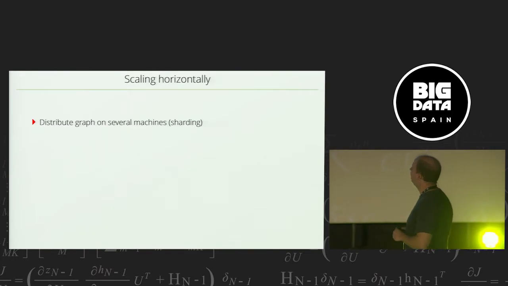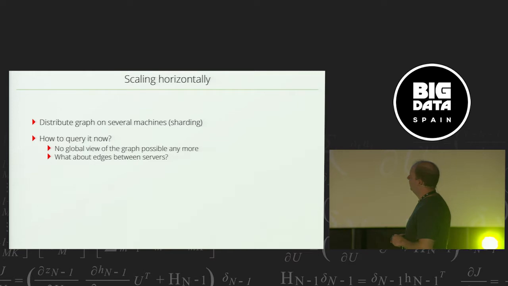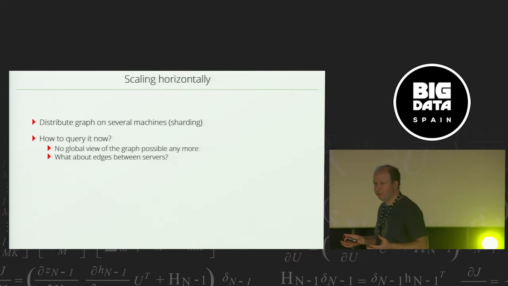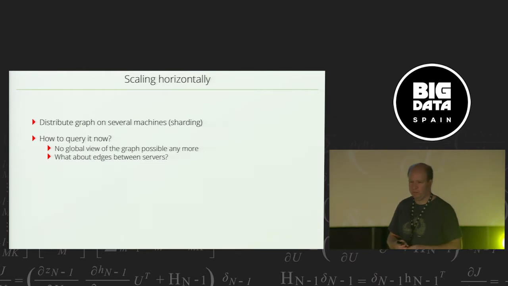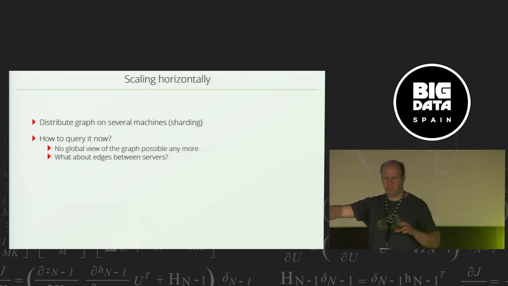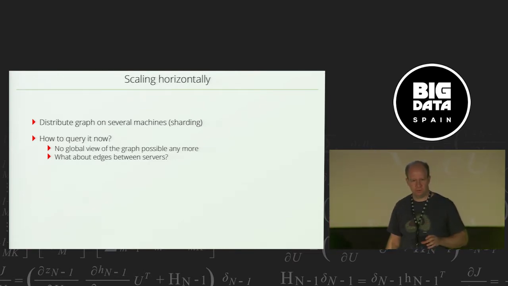Now, what are the challenges here? You have to say how you query. You see, a graph database isn't done with just storing your data. You want to be able to query it. And now if you hop around in your graph and that is distributed all across the network, then you are going to have a lot of communication in your network, and that will become slow.